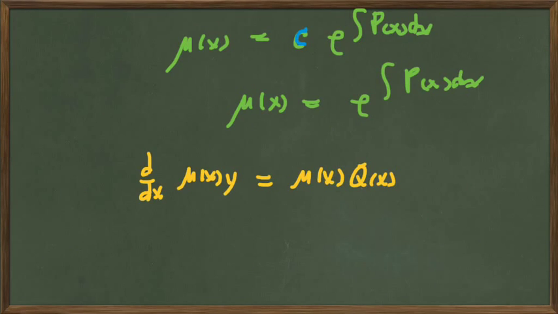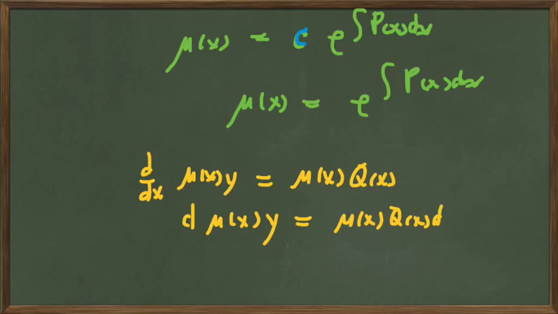So that turns out to be an easy differential equation to solve. D mu of x y equals mu of x q of x dx. Move the dx, multiply both sides by dx to get this.